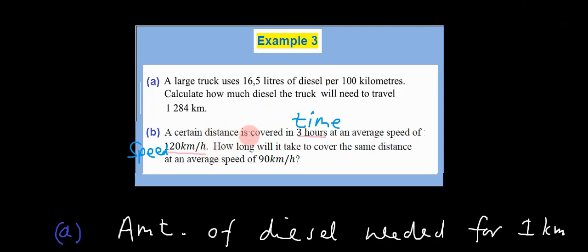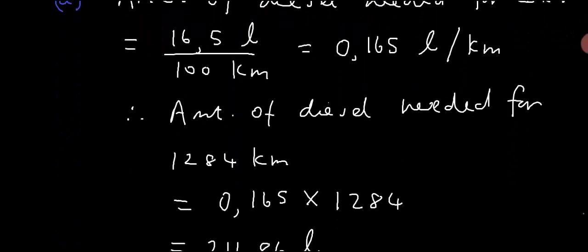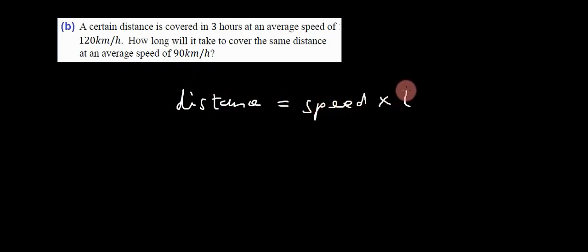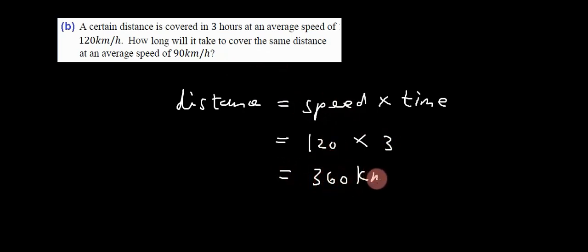So we can use the formula distance is speed times time. So that's 360 kilometers.